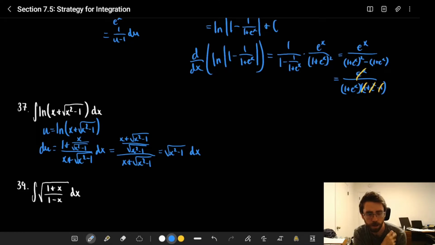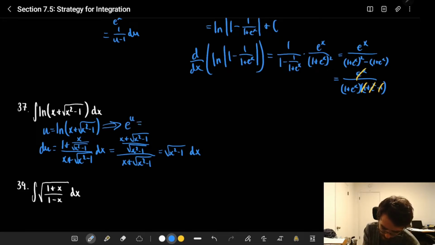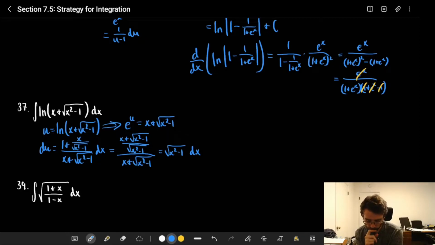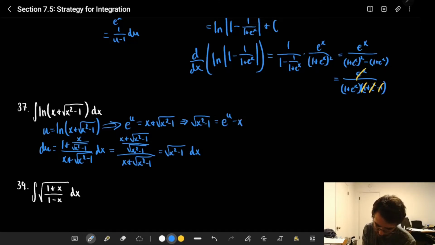Not quite. Can we make it acceptable by fiddling with u? Well, I want to get rid of the natural log, so, you know, e to the u would be this. Oh, is this not going to work after all? Oh, that would be so upsetting. Right, because this would give me... I sort of want to solve for this piece. But that's e to the u minus x, which isn't useful unless I solved for x in terms of u. Oh, that's maddening.